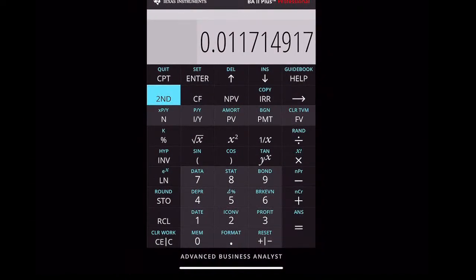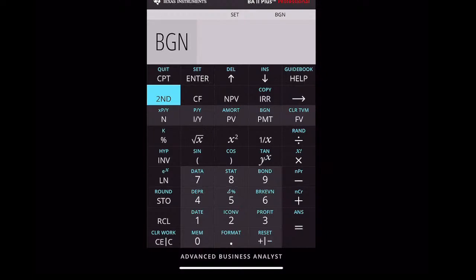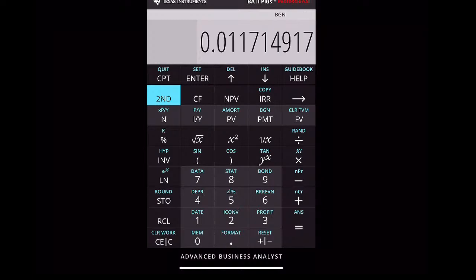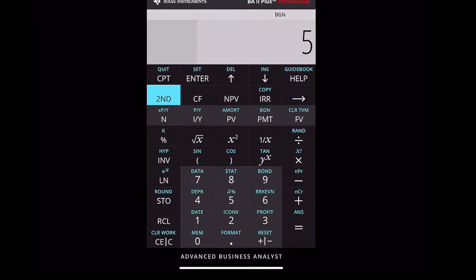Now, I want to use the annuity due, so I'm going to say begin mode, second begin, second set. So now I'm in begin mode, and tell the calculator that for 48 months, so I just entered as though it's a regular annuity, and the calculator does the adjustment. I want to recall my rate and multiply by 100 to put it in the interest, and then it's 50,000 every payment.